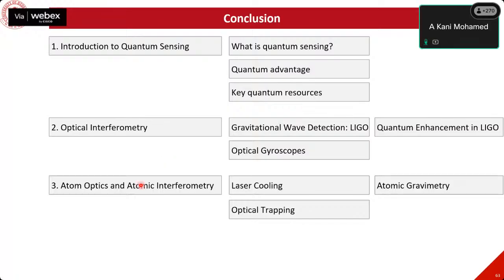But here the first step, laser cooling, is the very important thing, and then the cold atoms are kept in an optical trap, and then we use light like mirrors and beam splitters to construct a kind of interferometer. And finally, we estimate the phase difference caused by any external physical parameter, with a sensitivity that is mainly limited by the number of cold atoms that have been made before starting the technique.